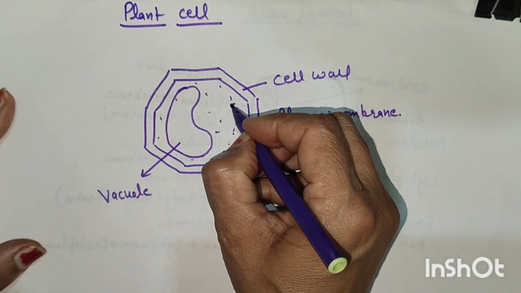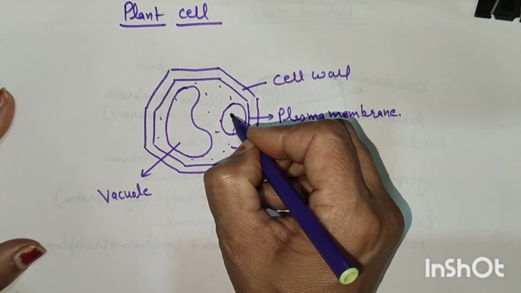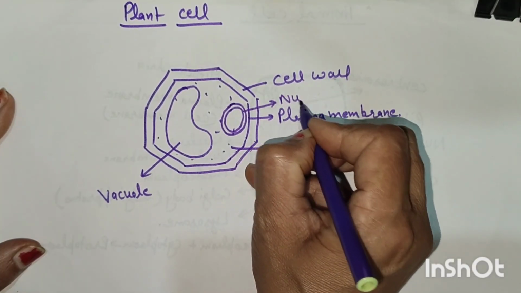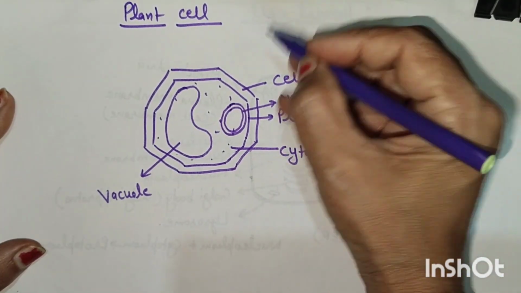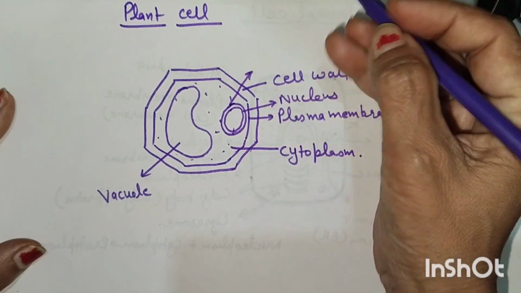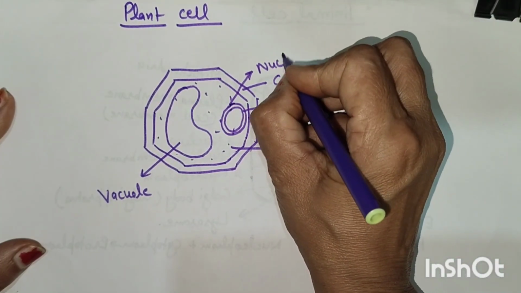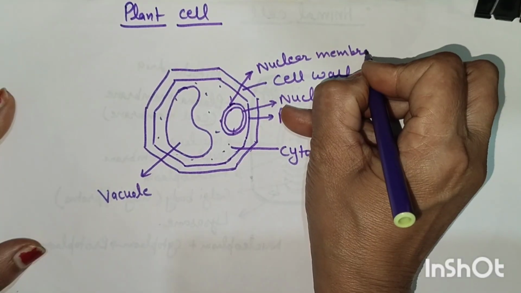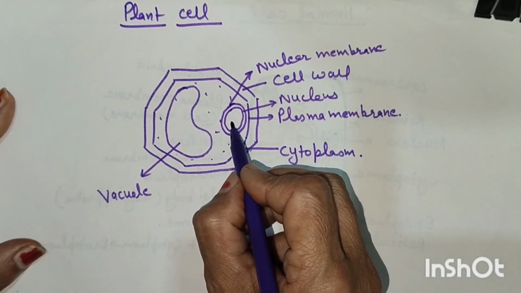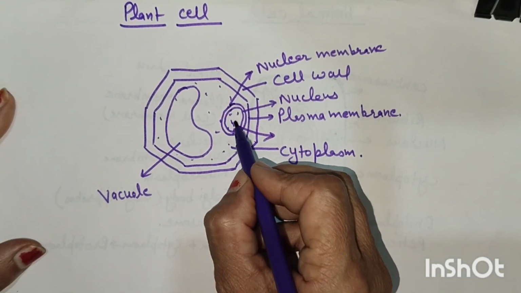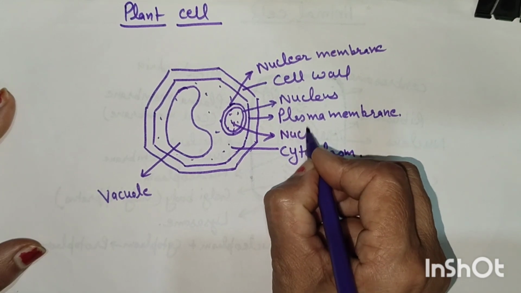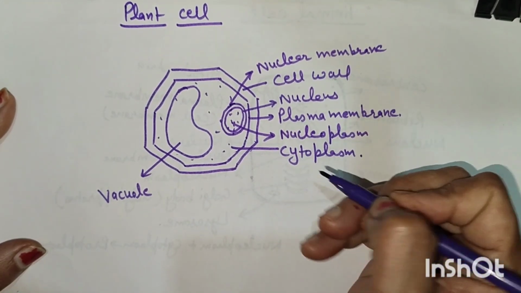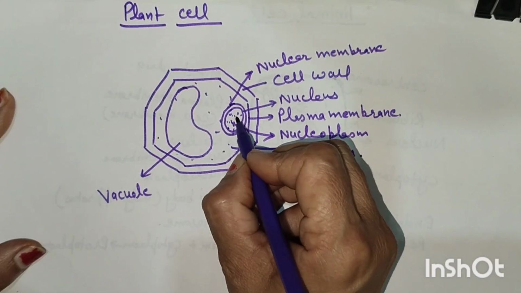Here is another body that is called the nucleus. Outside of this is a membrane called the nuclear membrane, and it is filled with a liquid called nucleoplasm.